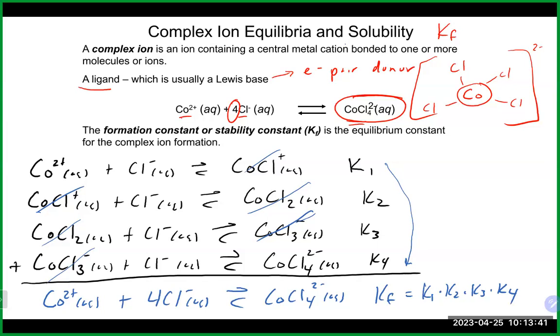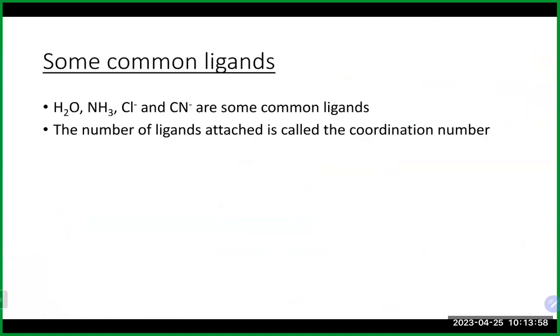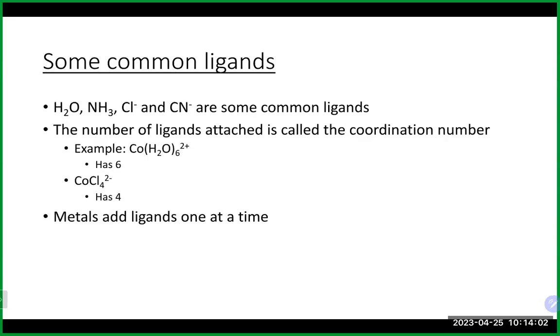All right, so let's talk a little bit about some ligands, and we're going to take a whole chapter later on where we talk a lot more about complex ions and coordination compounds and the different ligands that are there. So common ligands, since they do donate a pair of electrons, are things that are electron rich. And those are things that have negative charges, right?